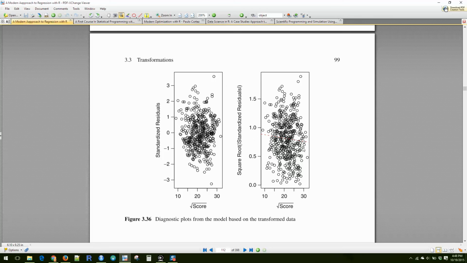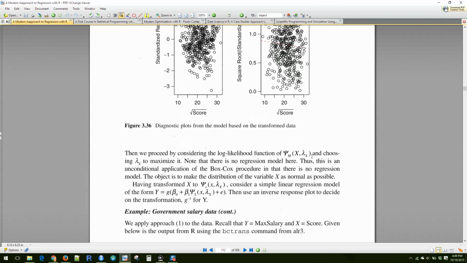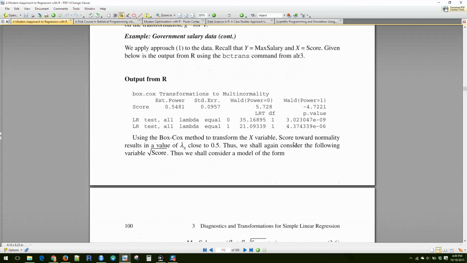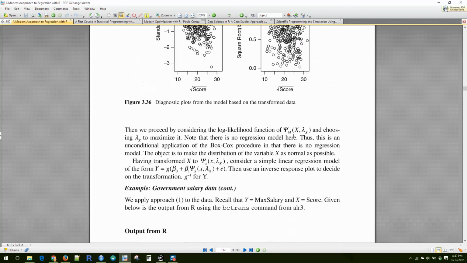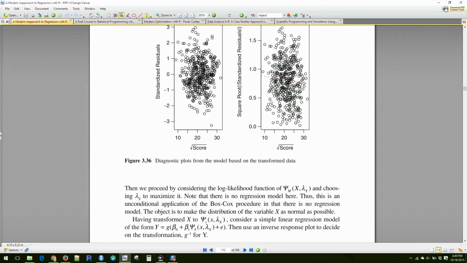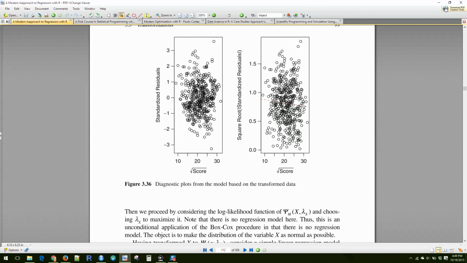And then in the scale location plot, we see a tiny bit of a slope, but it's a lot better than what we had before. Okay, and so we take this and we say, okay, sure, this seems to be better, basically. Okay.